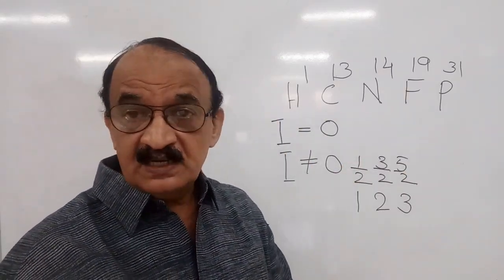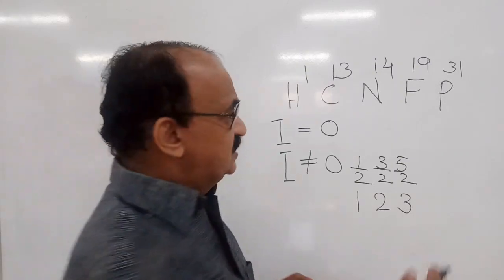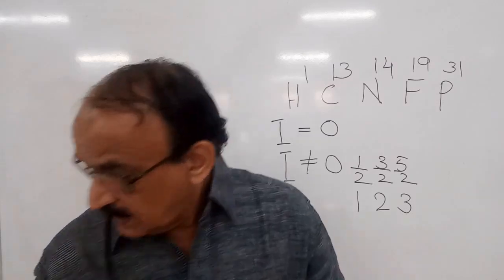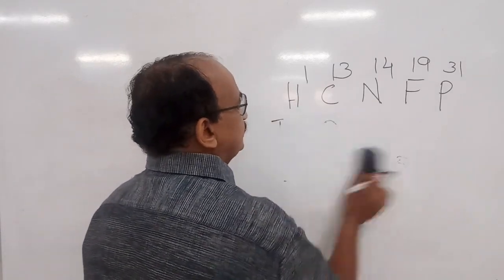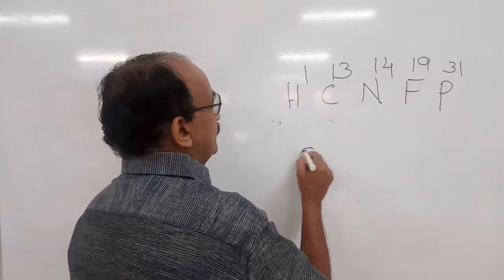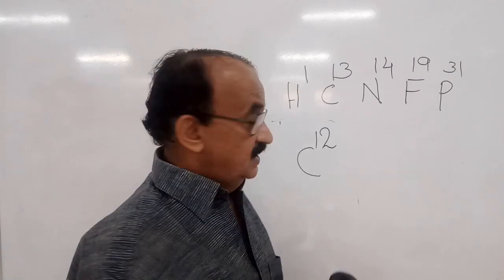Now you can ask, sir, which of them are NMR inactive? NMR inactive ones are the carbon-12 isotope, C12. This isotope is NMR inactive.